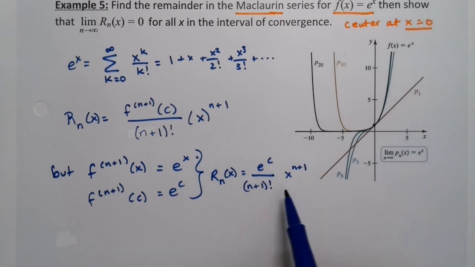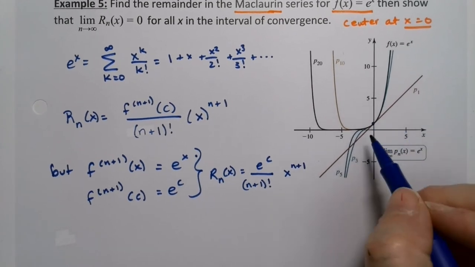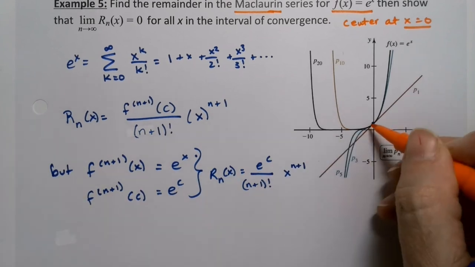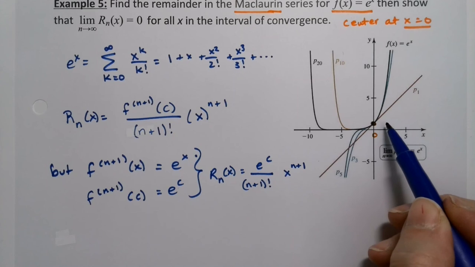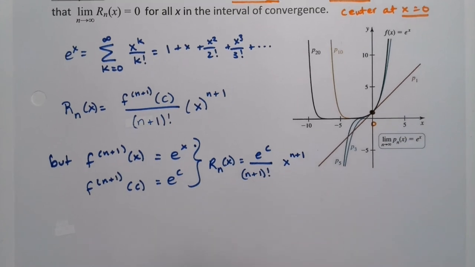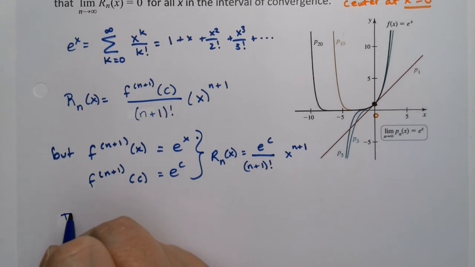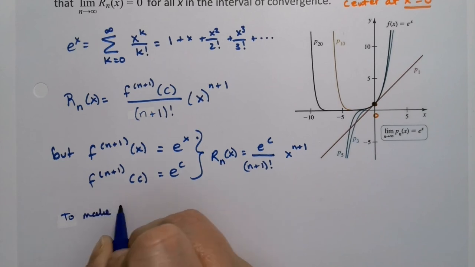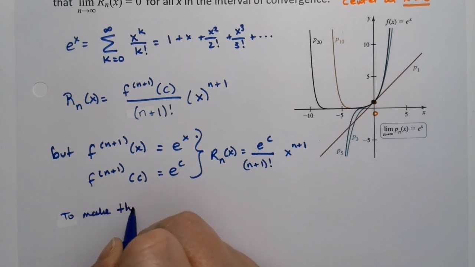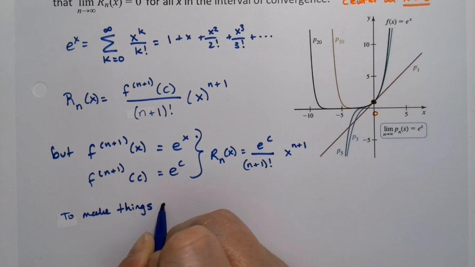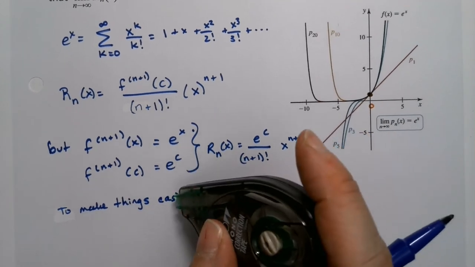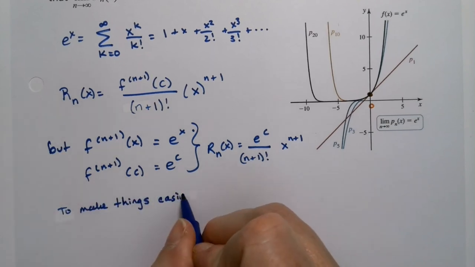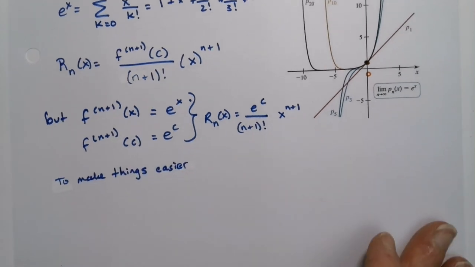Now technically this could go negative or positive, because if you have a center here at 0, you could go left or you could go right. So just to make things a little bit easier, let's take the absolute value. Because we don't really care whether or not it's negative or positive.